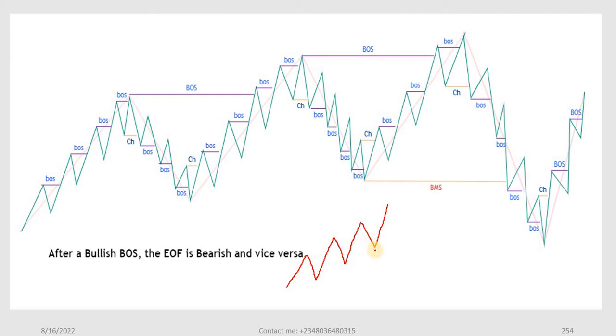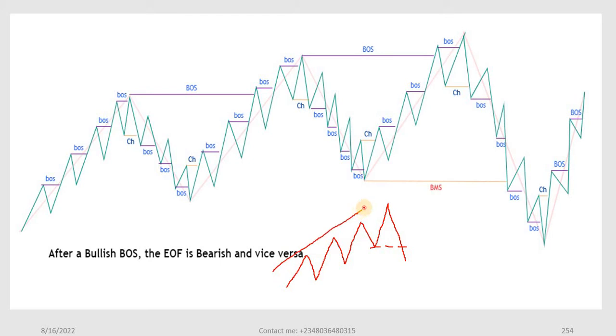For us to have a change of trend, there must be a break of this most recent higher low. That is when you can say that we have a potential change of trend. So we can refer to this as a change of the character of this trend.